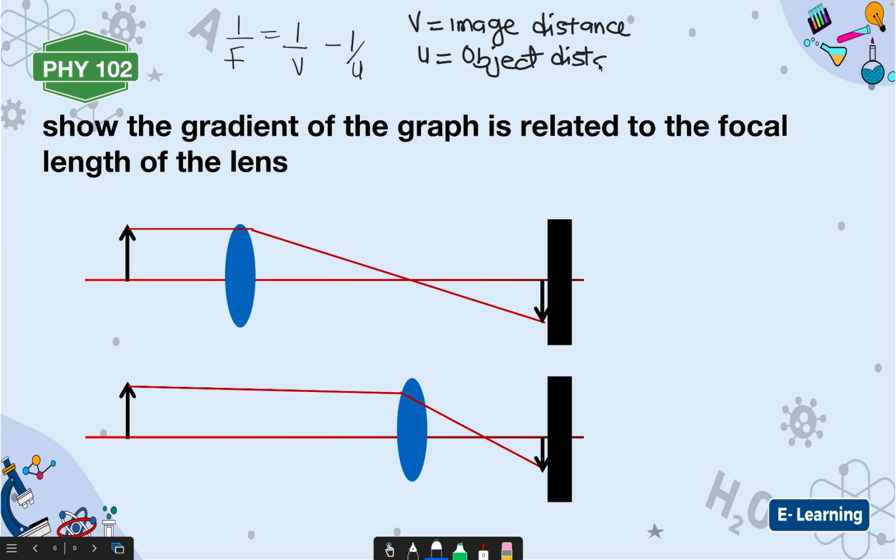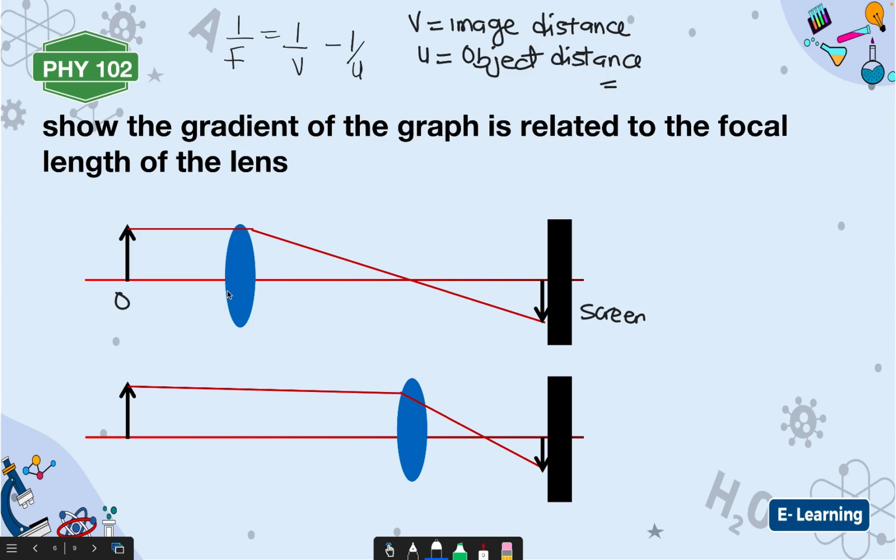Now we are going to do some manipulative calculations here, so be careful and take note. Here is the object O. Here is the screen, where the image is formed. You can see this inverted image here is the image we are looking for. The distance from the object to the lens is the object distance.